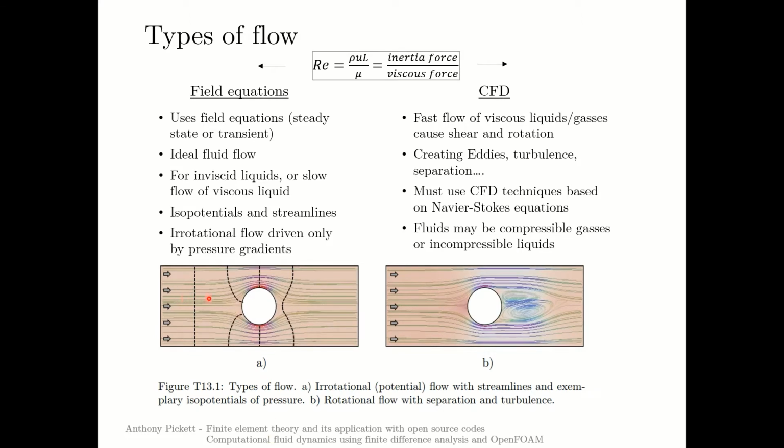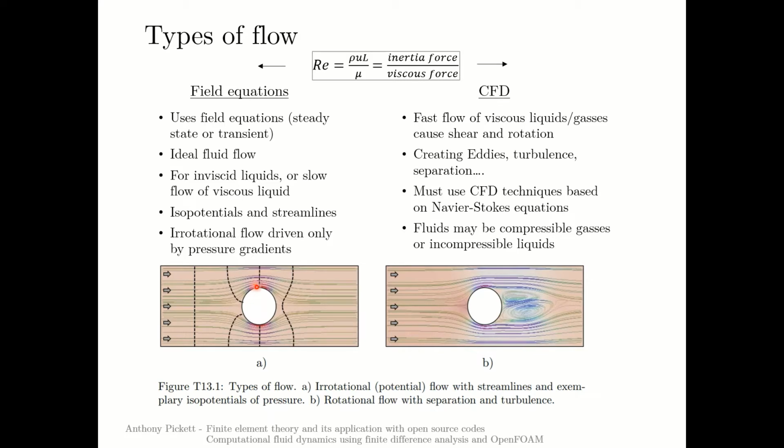These would be streamlines. They run more or less parallel to each other, and you could overlay so-called isopotentials of pressure. So for example, this line here is an indication of a contour of constant pressure. The gradient between these is an indication of the speed of flow.